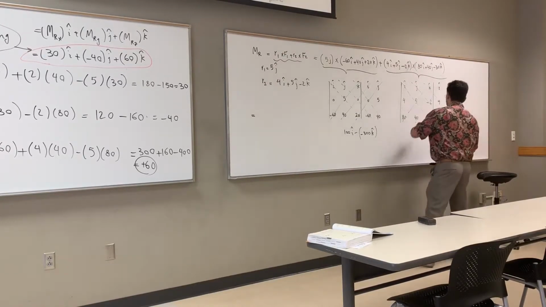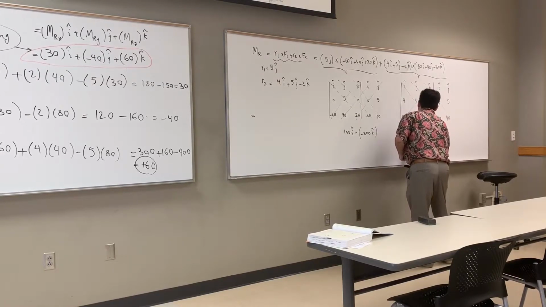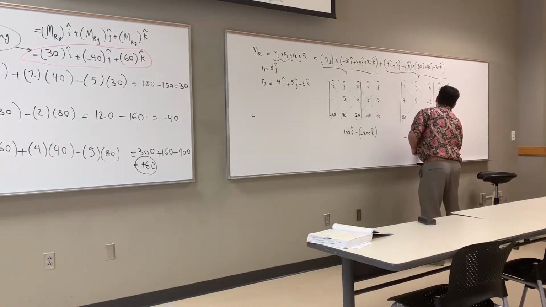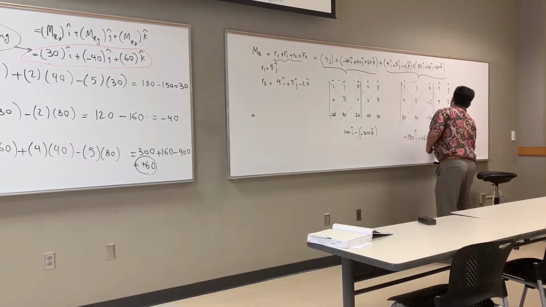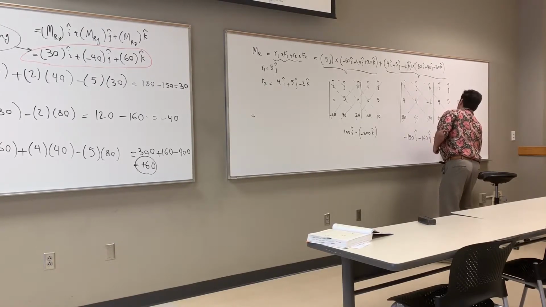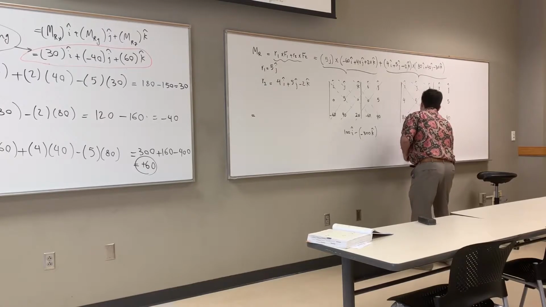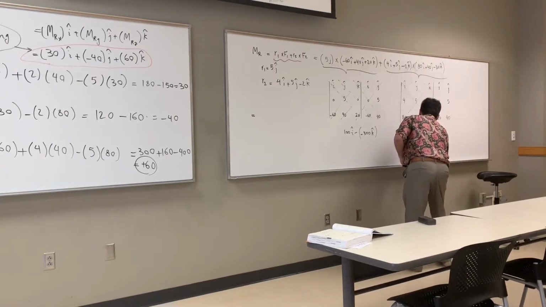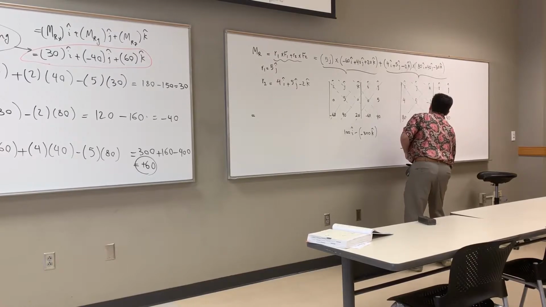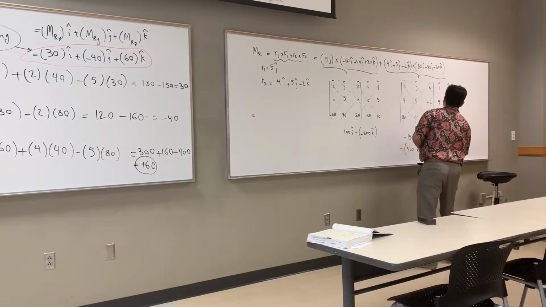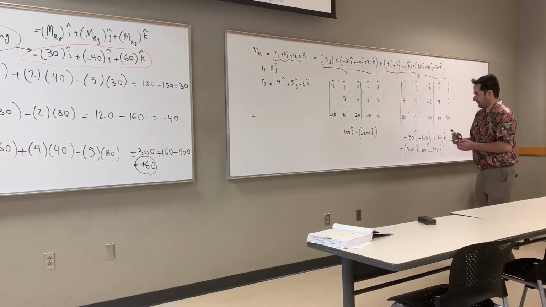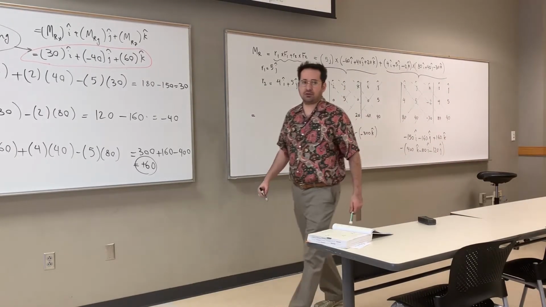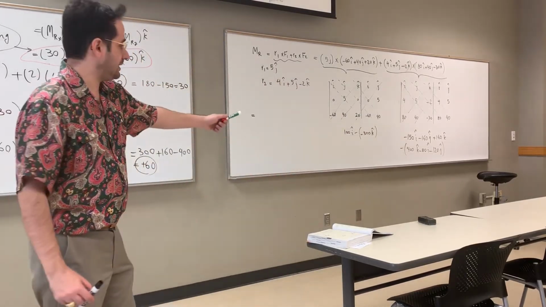So here we get -150i, -160j plus 160k, -400k, -80i, -120k. That's it. Now we add those two vectors, the output.